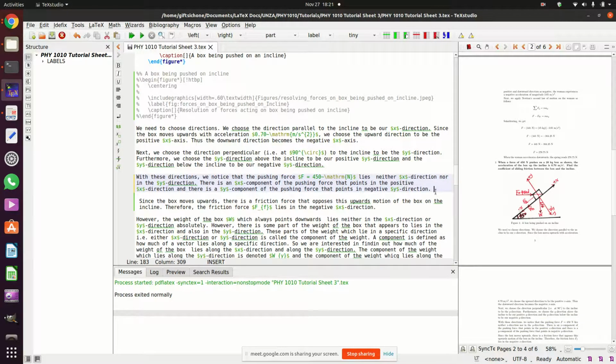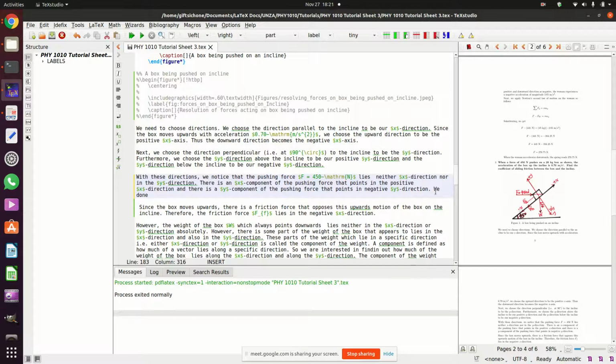Okay. We denote the x component of the pushing force as Fx, and the y component of the pushing force as Fy.